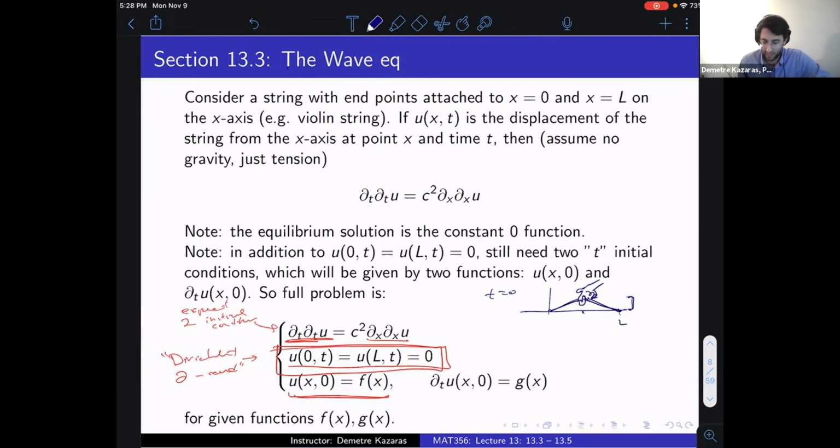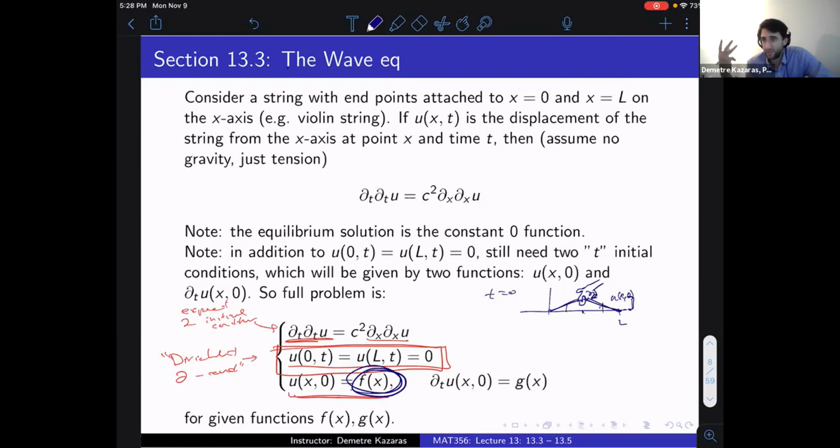This would be L. And the height at any given point would be u of x at time 0. That's described by a function of x. So a function of x describes the initial displacement or initial configuration of the string that you're going to require.